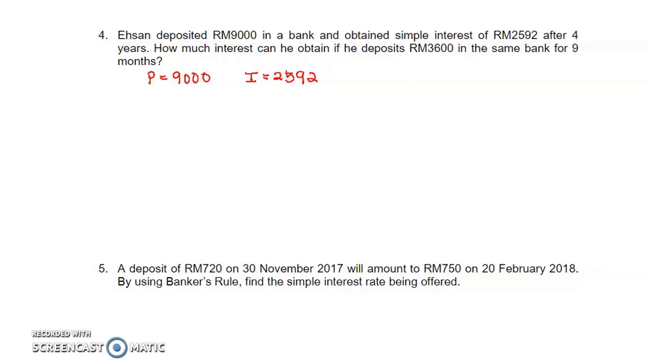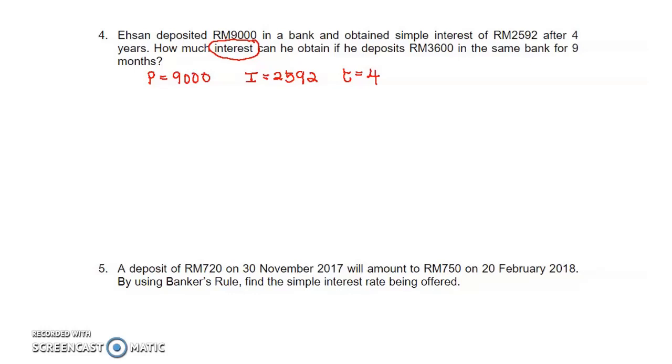So he gets this amount of interest after depositing for 4 years. How much interest can he obtain if he deposits 3,600 in the same bank for 9 months? Now we want to know the amount of interest that he will obtain if he puts 3,600 in the same bank for 9 months.